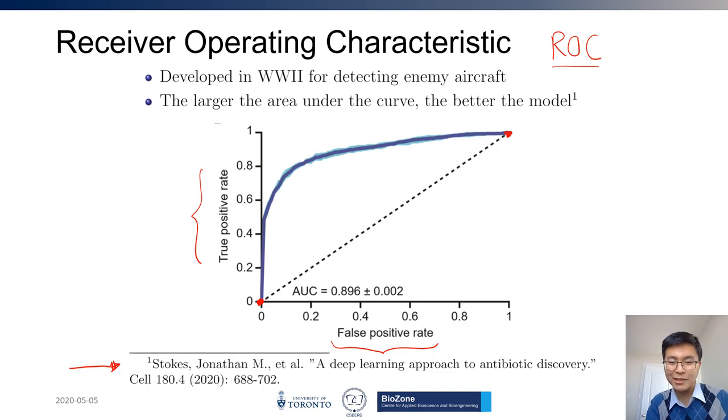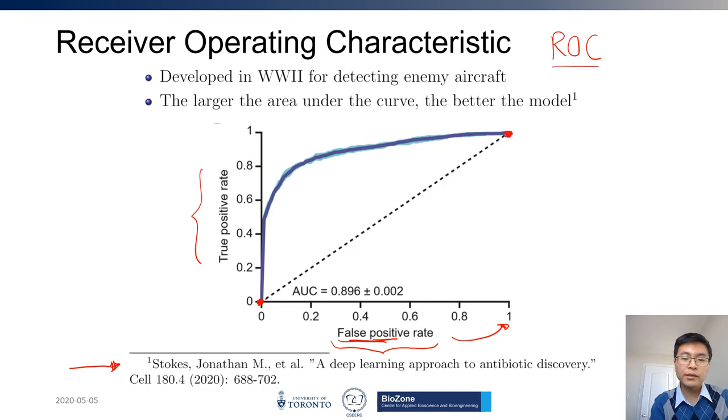You won't make any mistakes in terms of positives as you do that. And here for (1, 1), how do you achieve a perfect true positive rate? Well, you simply classify everything as positive, make sure you don't miss out on any positive, but you will have a false positive rate that's very high.